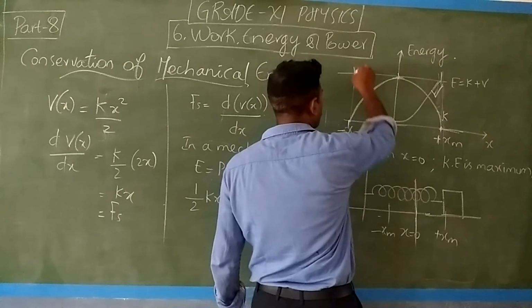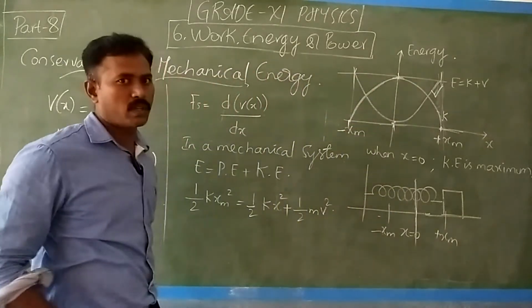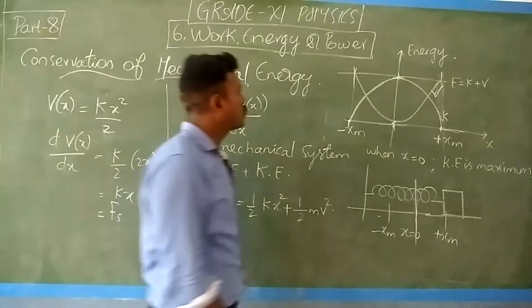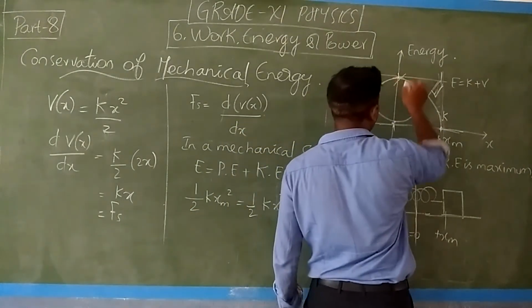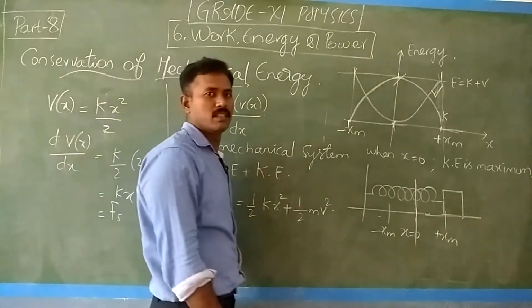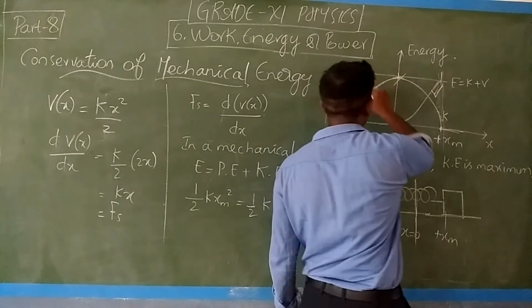The kinetic energy and potential energy are balanced: when this is low, that is maximum, and that is maximum, this is low. So you see, when kinetic energy is maximum the potential energy is 0. Here students, the potential energy is 0.